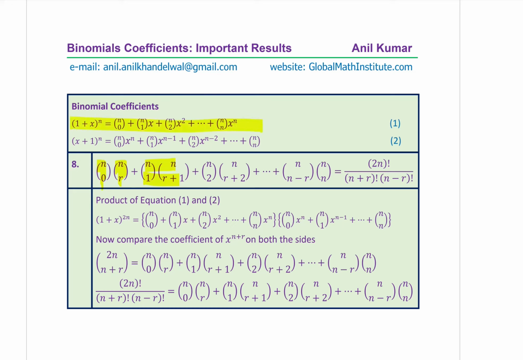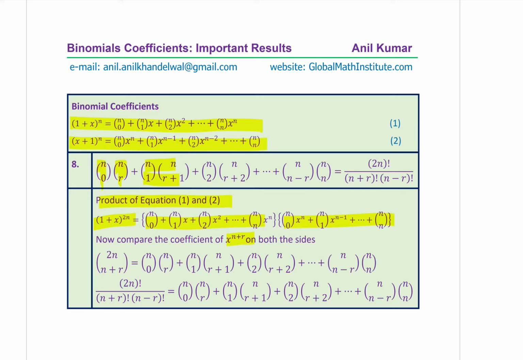You begin with the same two series, one with increasing order of x, the other with decreasing order of x. The product of these will give you a series which will be (1 plus x) to the power of 2n. And now, what you need to do is compare coefficients for x to the power of n plus r, right? So that will give you the expression which is required.